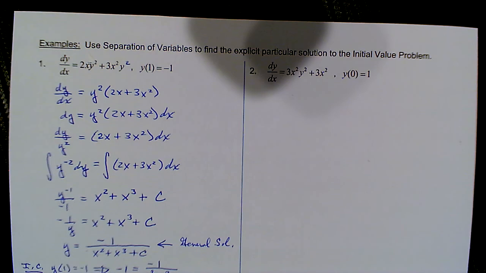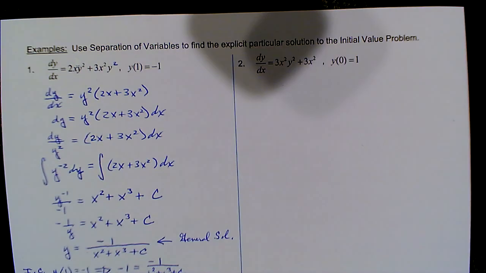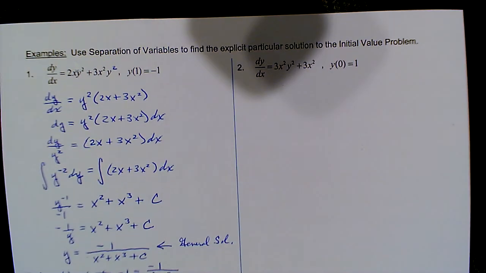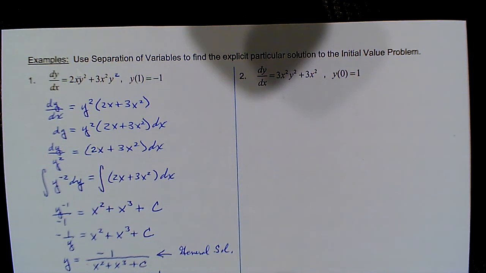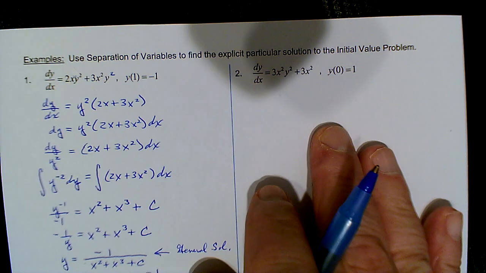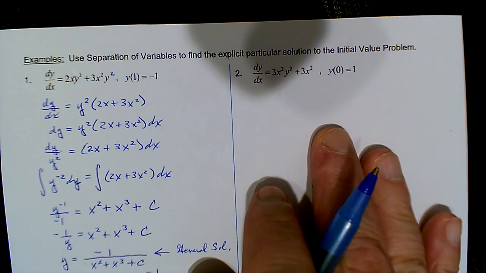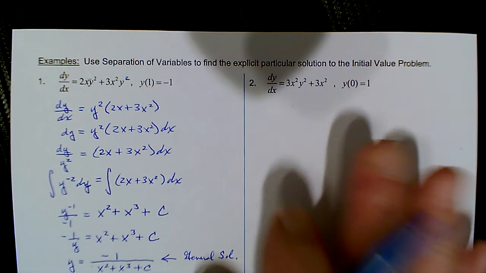And let's factor out the x squared as well, and then we'll be left with y squared plus 1. Okay, in differential form, dy would be 3x squared times y squared plus 1 dx.